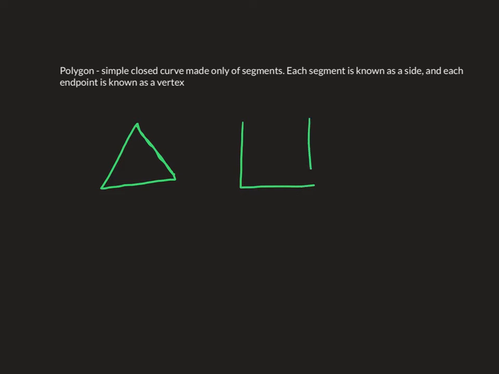Right, so things like triangles, squares, rectangles, hexagons, pentagons, decagons, anything like that would be a polygon. Right, if I wanted to draw a star, right, also a polygon because it's made of all straight line segments.